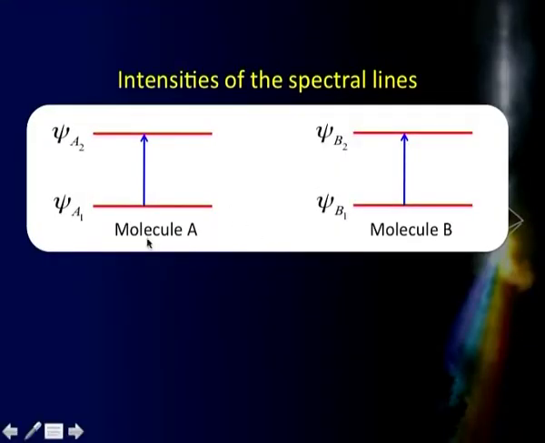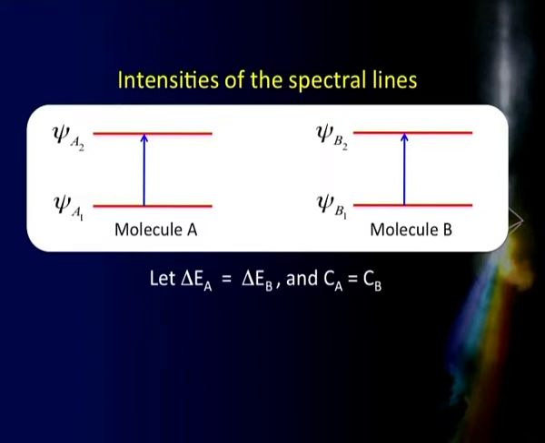Suppose we have two systems, say molecule A and molecule B, and let us take the transition from level A1 to level A2 in molecule A and from level B1 to B2 in molecule B. I am just taking an example here, and let us assume that delta E_A is equal to delta E_B. That means the difference in energy levels for molecule A and molecule B happens to be the same.